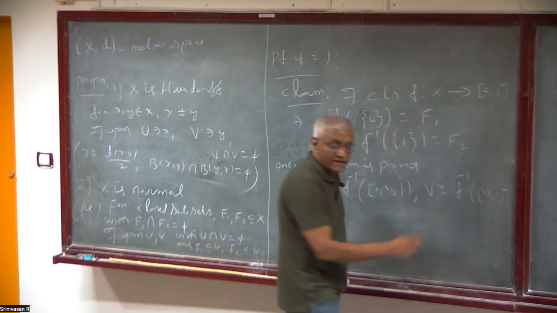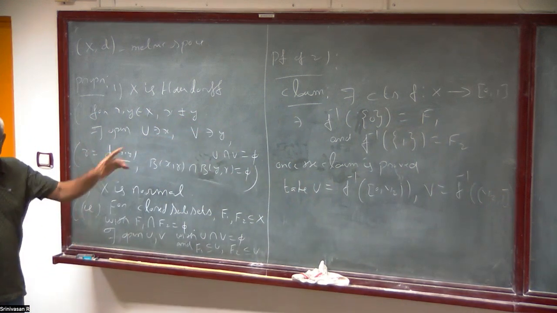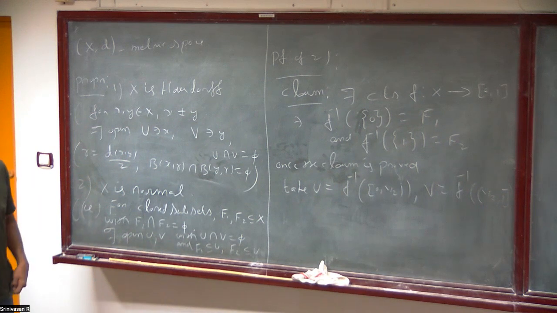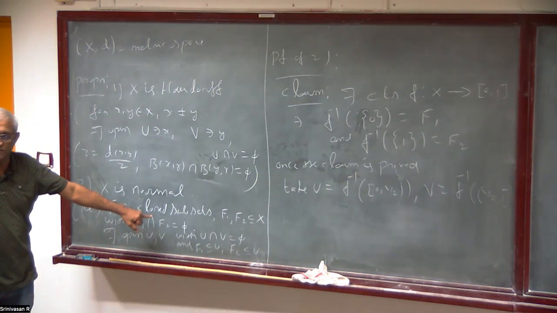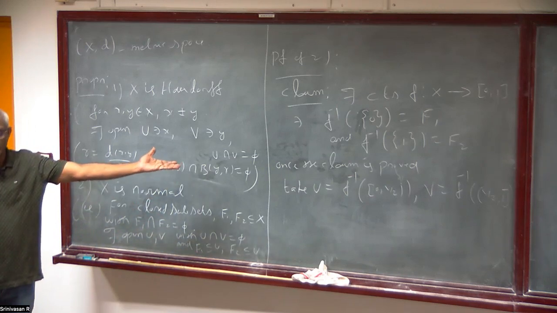These are, of course, open in the metric space [0,1]. These are open sets, and since f is continuous, the inverse image is open, and this will satisfy this condition. This will be the U and V required, and they will be disjoint clearly.